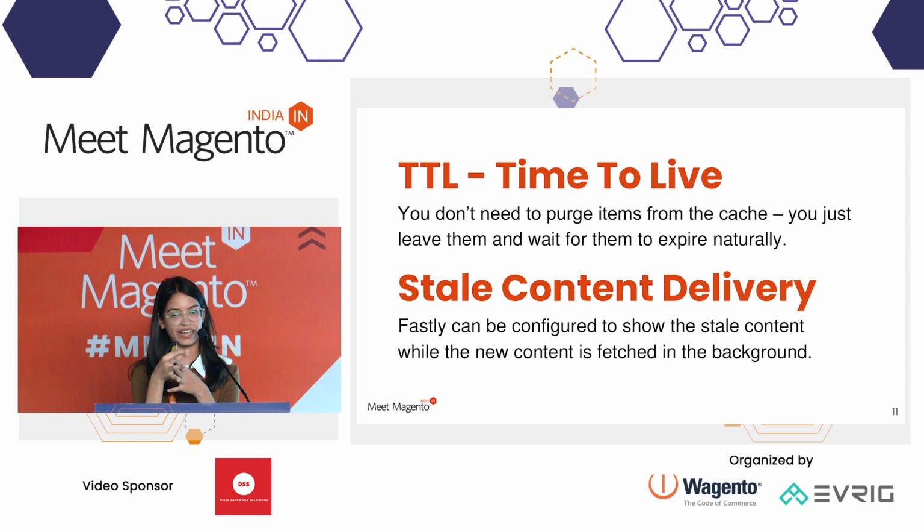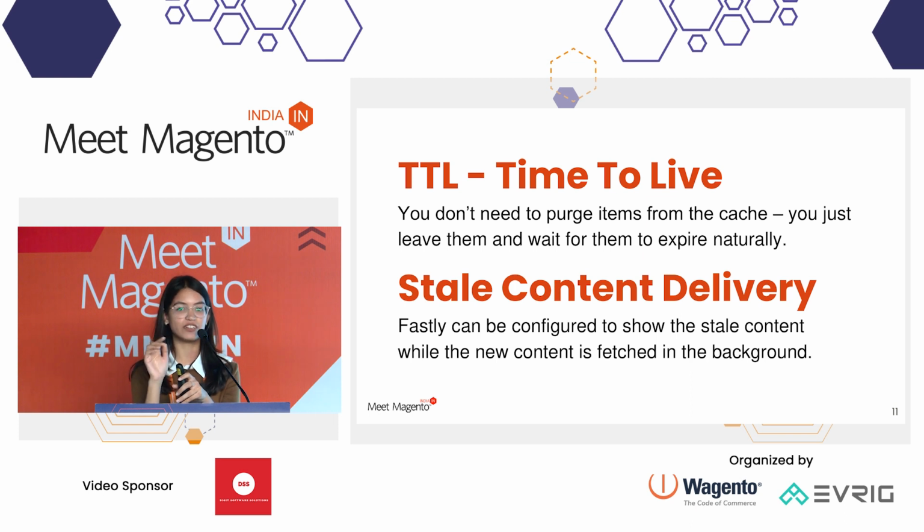But until Fastly is fetching data from the origin server and updating the data on all the POPs, we have to serve something to the users, right? Because otherwise there will be a cache miss. So for that, Fastly provides one more feature, that is stale content delivery. Fastly has a feature of soft purge. In that, Fastly will not exactly purge all the data.